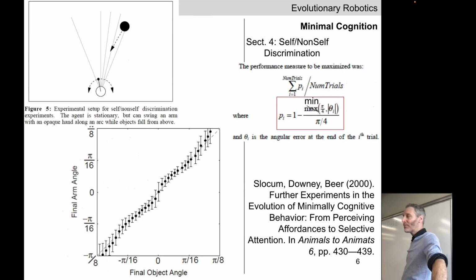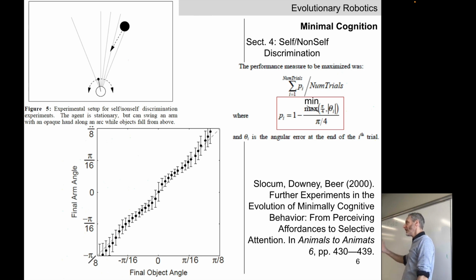So another typo in the paper itself. This should be min rather than max. So if theta sub i is 0 in all the cases, we're going to get a P sub i of 1 minus 0, which is 1. So in this case, 1 is the best possible P sub i value that the robot can get.